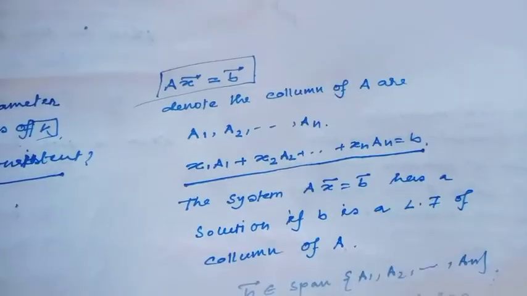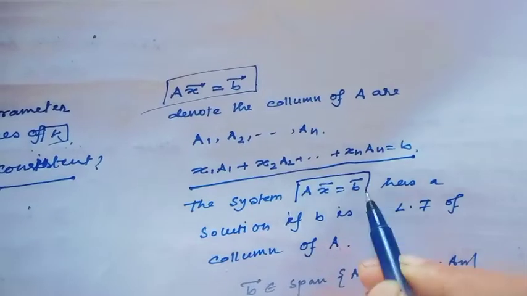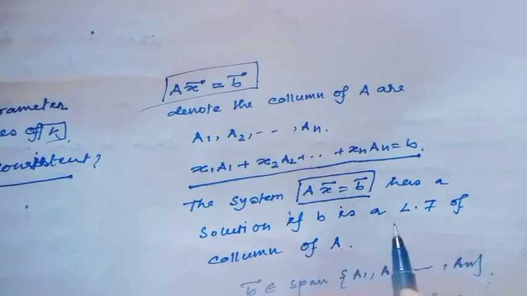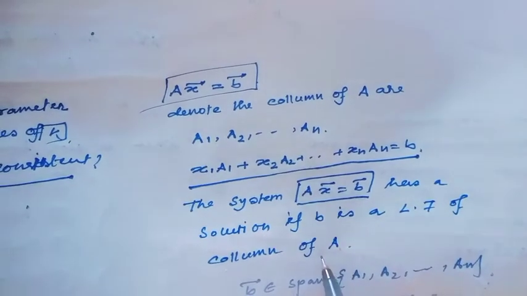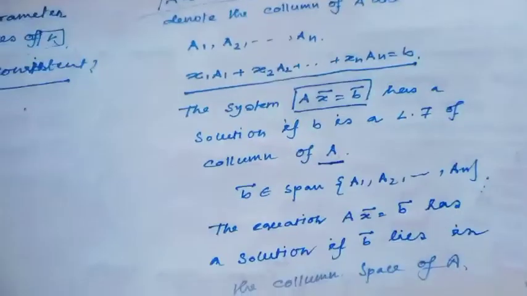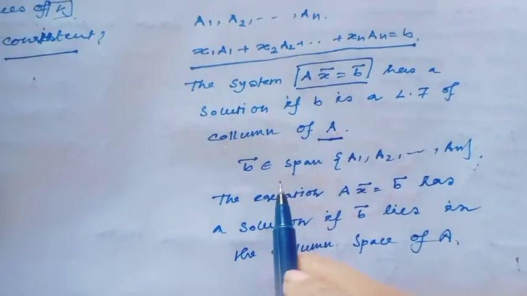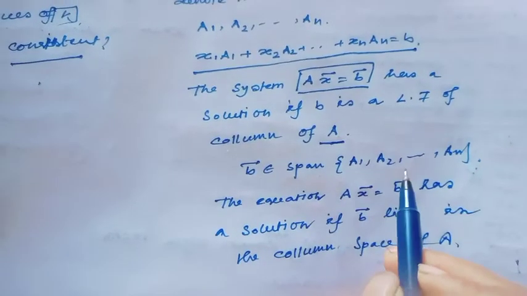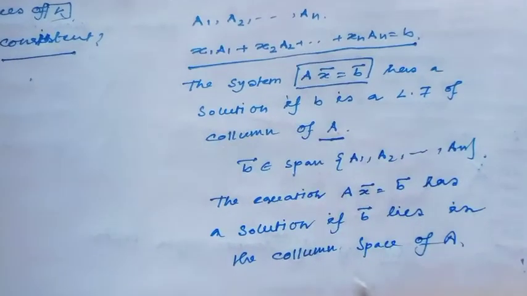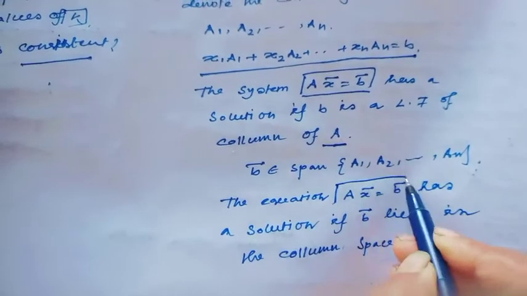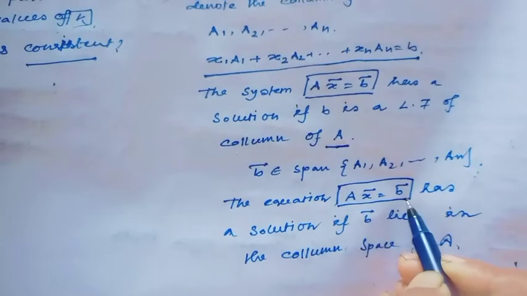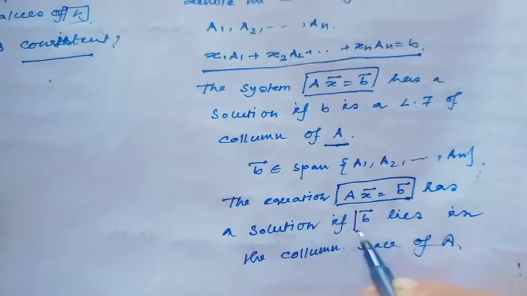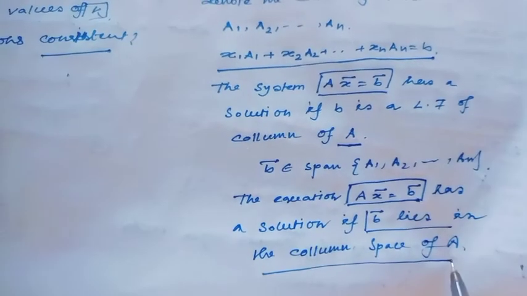And the system Ax equal to b has a solution if this vector b is a linear combination of the columns of the matrix A. That means the vector b belongs to the span of A1, A2 up to An, and the equation Ax equal to b has a solution if b lies in the column space of the matrix A.